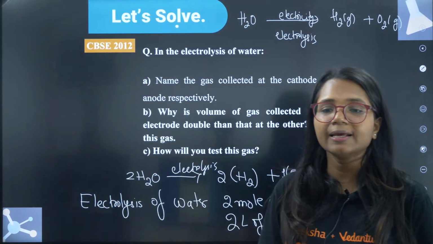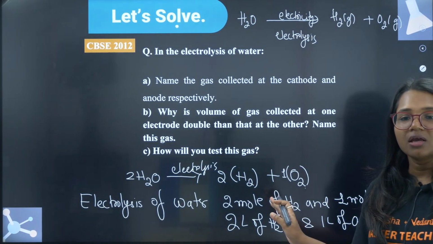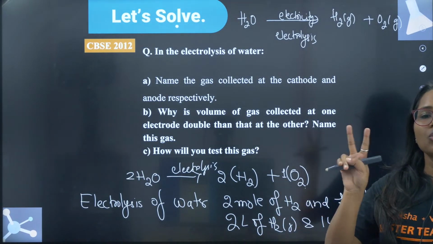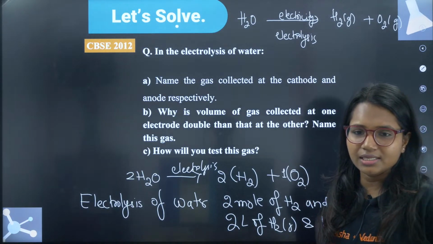Okay, is that clear? Yes. When we have written a balanced reaction, we are getting 2 of H2, 1 of O2, 2 liters of hydrogen and 1 liter of oxygen.